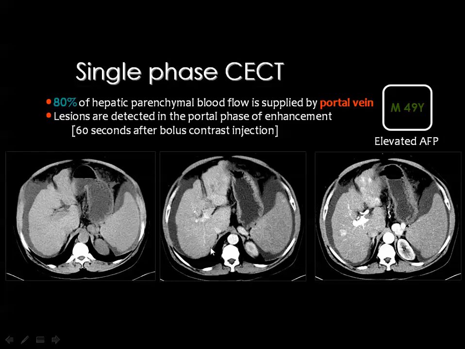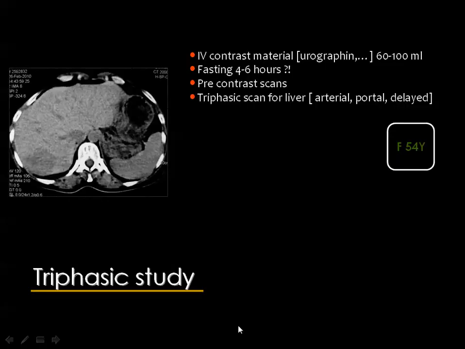Here, after contrast injection, you cannot detect any focal lesion. But in the arterial phase of the same case, you can see an enhancing focal lesion here, which represents a hepatocellular carcinoma.